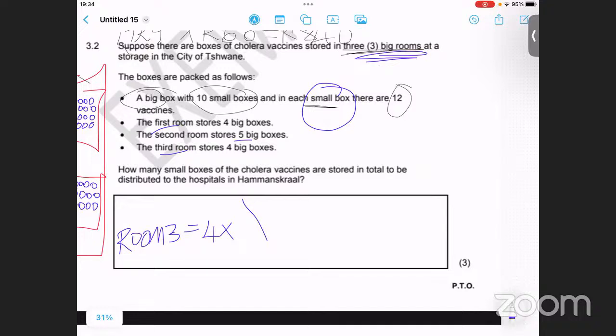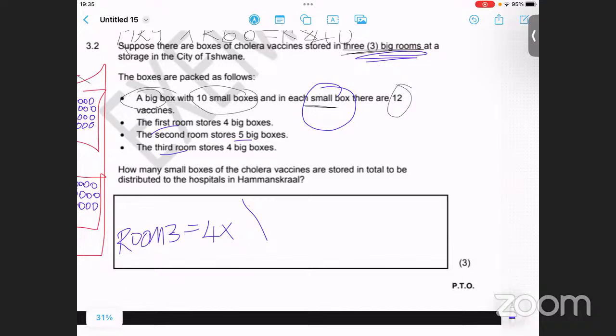You say 12? Yes. Why is the first one you're multiplying with a 10, but the second one you're multiplying with a 12? 10 times 5. Oh, okay. Was it a mistake? Yes. Okay. Carry on.